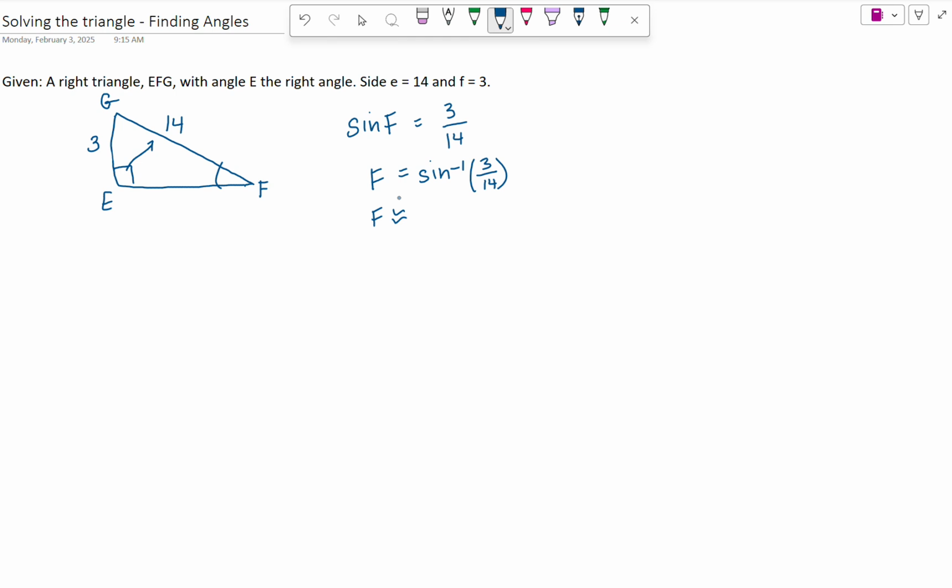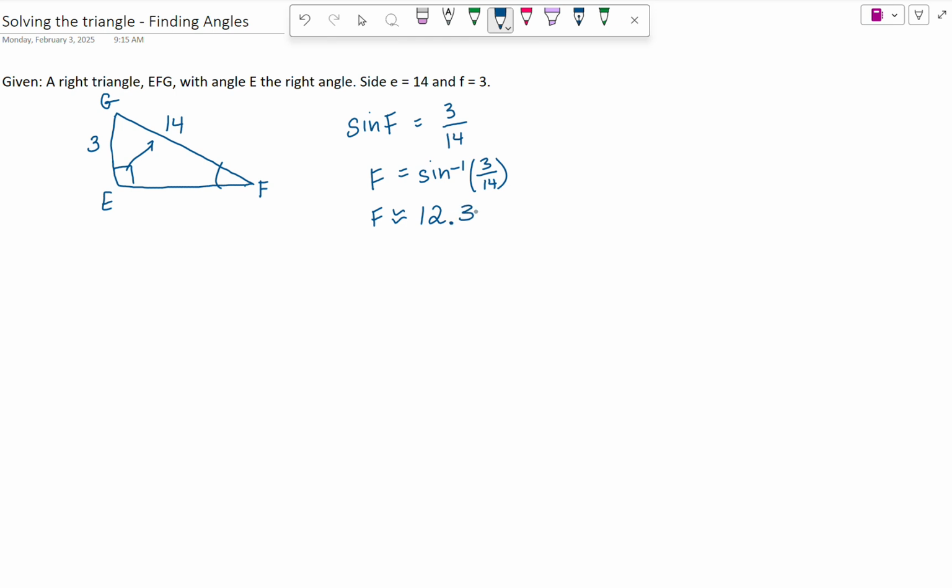You will not need to consider the quadrant that the angle is in because this angle is an acute positive angle. Even if we end up with an obtuse, in other words, greater than 90 degrees angle, it's still going to be positive, and sine will give us positive in quadrant 2. So the calculator will just give us our direct answer. There's only going to be one answer, and we can just read it from the calculator.